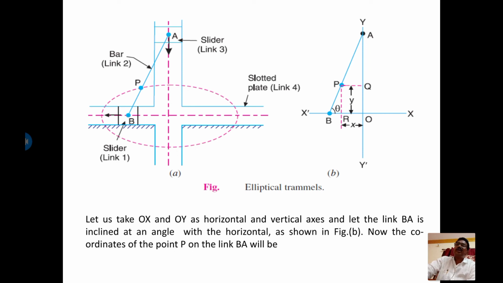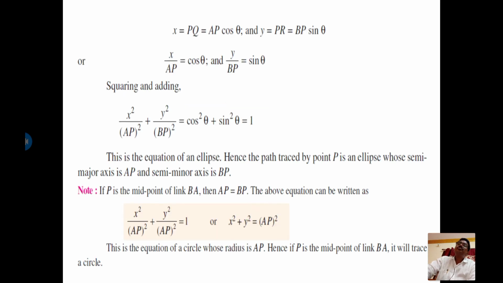Now the coordinates of point P on link BA will be (x, y). x equals PQ, that equals AP cos theta, and y equals PR, that equals BP sin theta. So x by AP is cos theta, and y by BP is sin theta. By squaring and adding, x square by AP square plus y square by BP square equals cos square theta plus sin square theta, that is 1. Therefore this is the equation of an ellipse. Hence the path traced by point P is an ellipse whose semi-major axis is AP and semi-minor axis is BP.